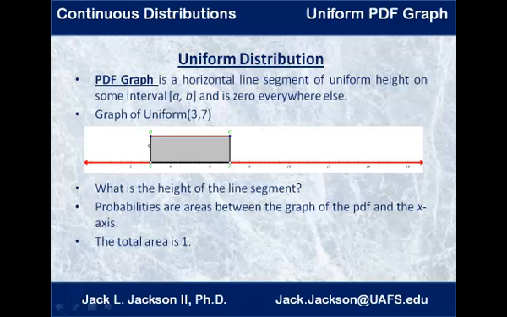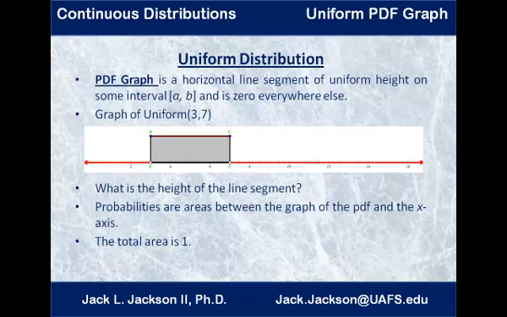And so if we look at the total area, it's the area between the graph of the PDF and the x-axis, which is zero to the left of 3 and to the right of 7. But in between, we have areas we can actually get. And if we look at the whole area, the area of that gray rectangle, well, what is the whole probability of anything happening? Well, it's got to be 1.